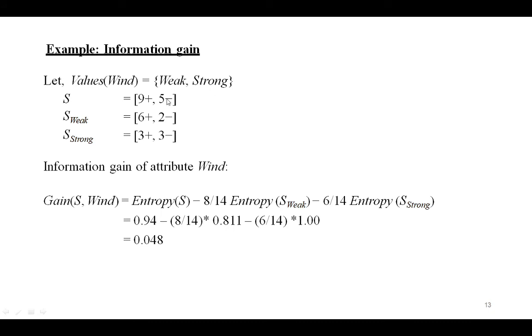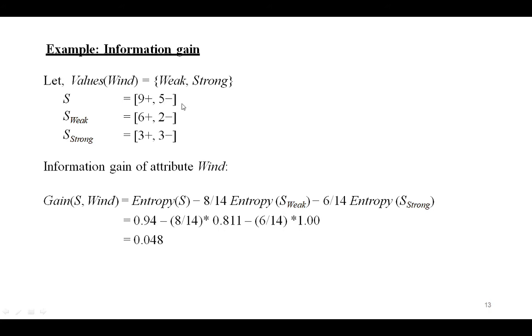Assume that S is a collection containing 14 examples, that is 9 positive and 5 negative examples.